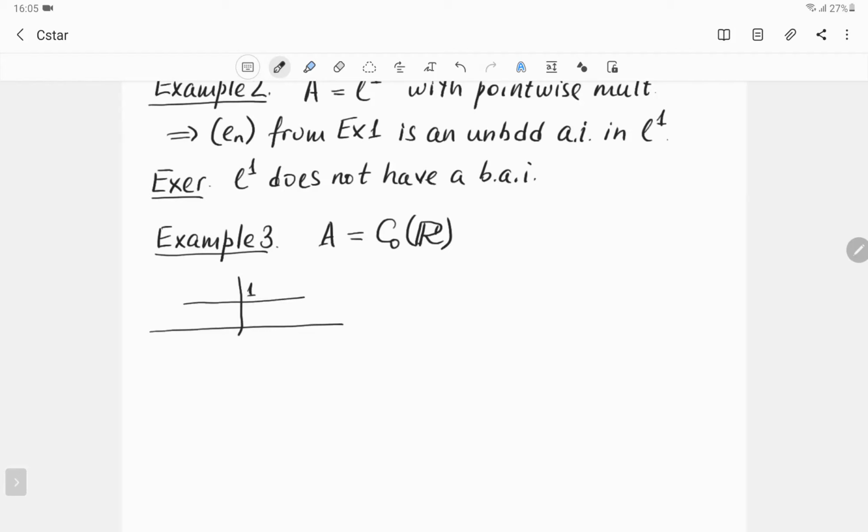This is 1. This is N and minus N. And here we make it just piecewise linear. So this is En.